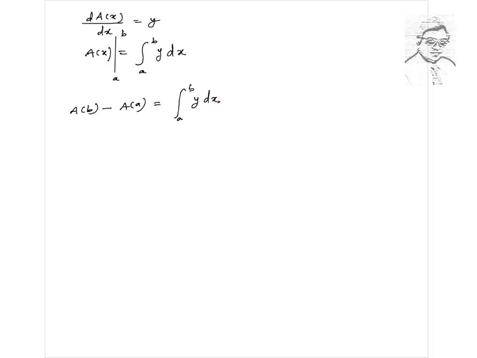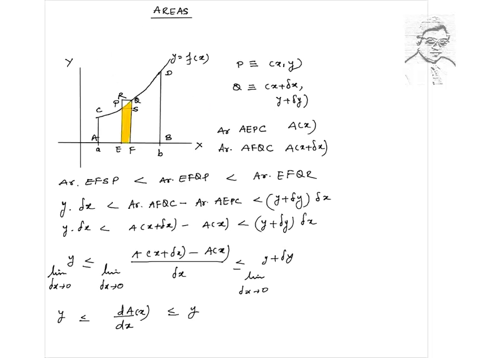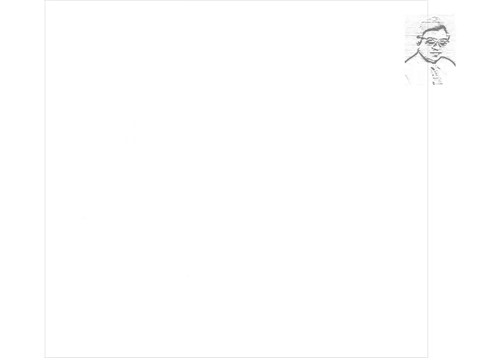From this discussion, you get a better understanding of definite integral as limit of sum also. How? If you recall the limit of sum concept and visualize now several strips like this.